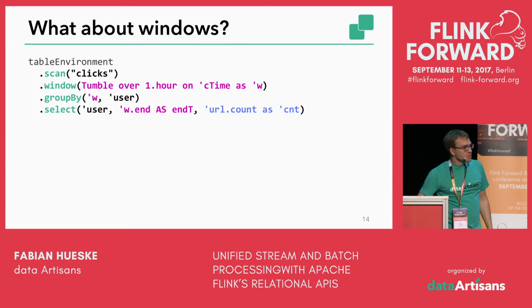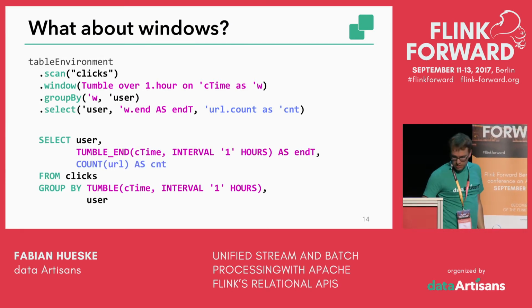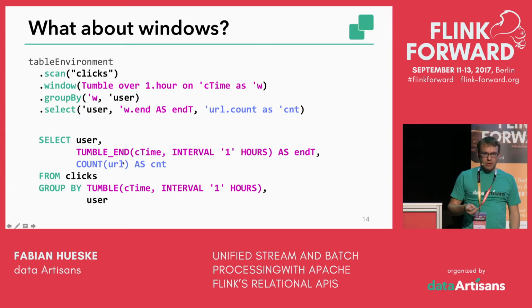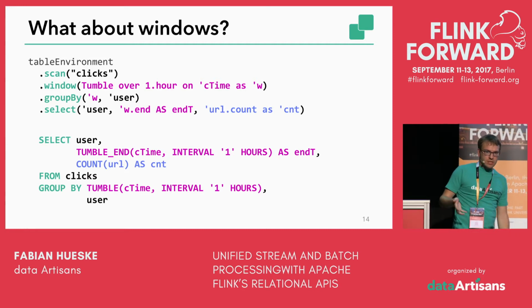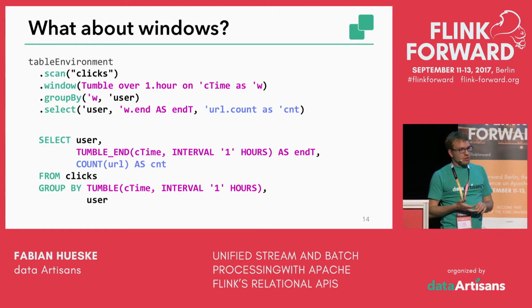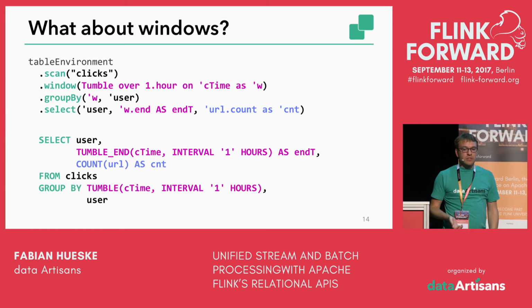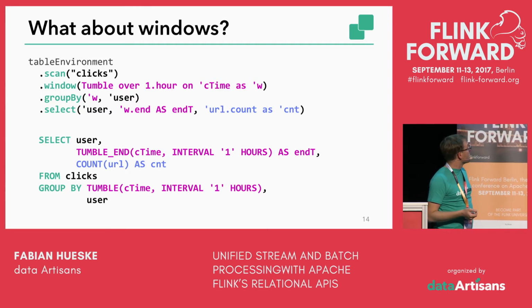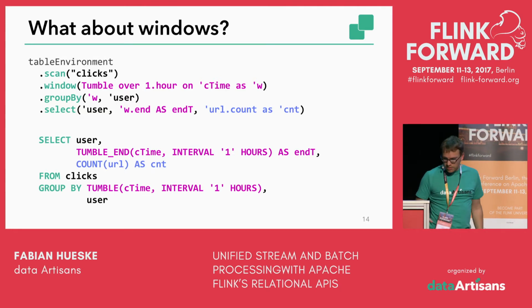In SQL, this looks fairly similar. So we're using here these group window functions. They're called tumble and tumble end. These are part of Apache Calcite. So Calcite provided these methods, and all other streaming systems that implement stream SQL based on Apache Calcite will likely use these functions as well.